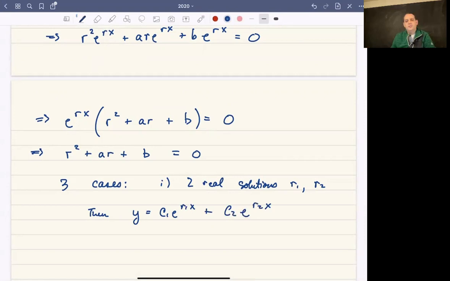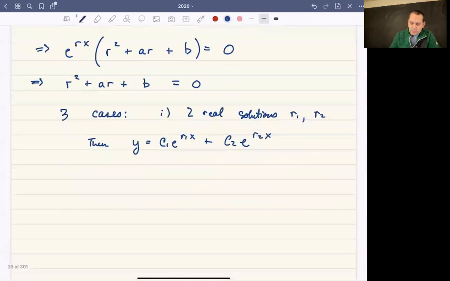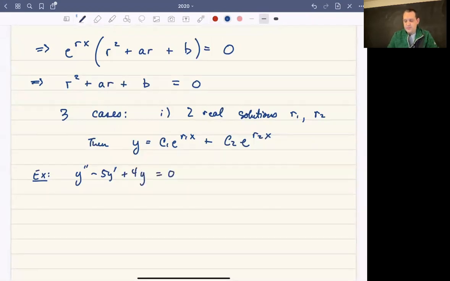So if we go back and look at our example one last time, y double prime minus 5y prime plus 4y equals 0, what we were really looking at was the equation r squared minus 5r plus 4 equals 0, and the solutions were r equals 1 and r equals 4, because this factors as r minus 1 times r minus 4.